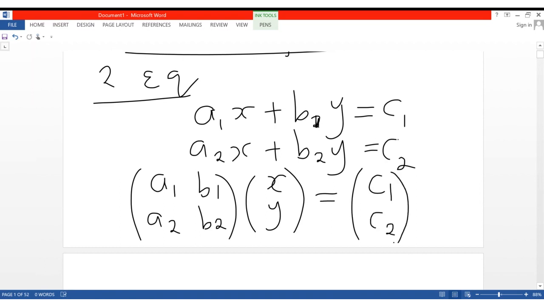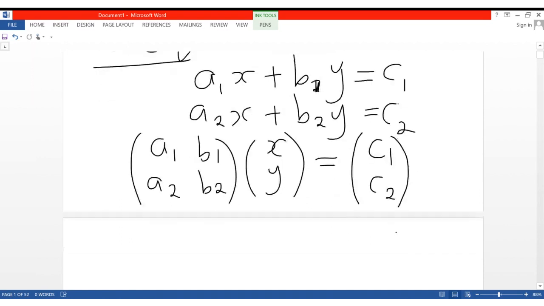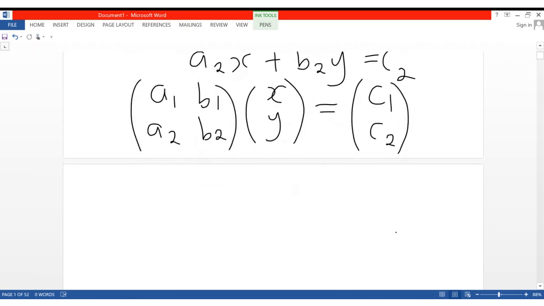So we form a matrix of equations, taking just the coefficients and then the x and the y. Let me call the whole of this one A, this one capital X, and the solution here capital Y.